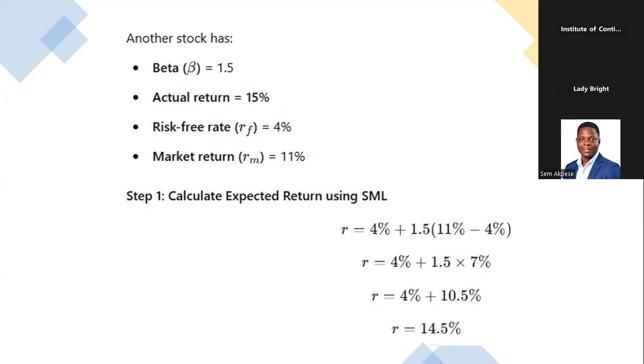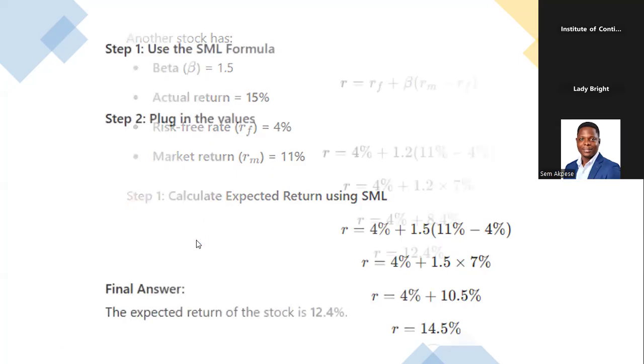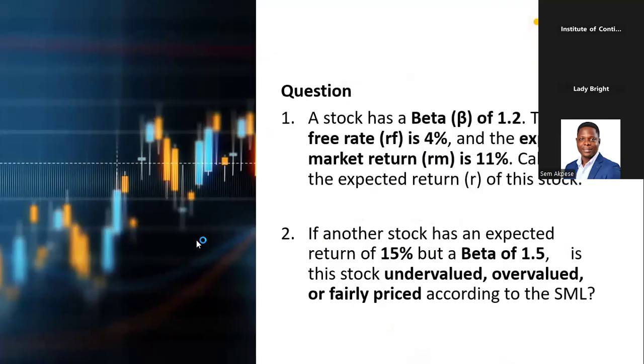So when you look at the question stated expected return in the question. I'm going back to the question. Another stock has an expected return of 15. Yes, what it's saying is that the expected return they are offering is 15%.